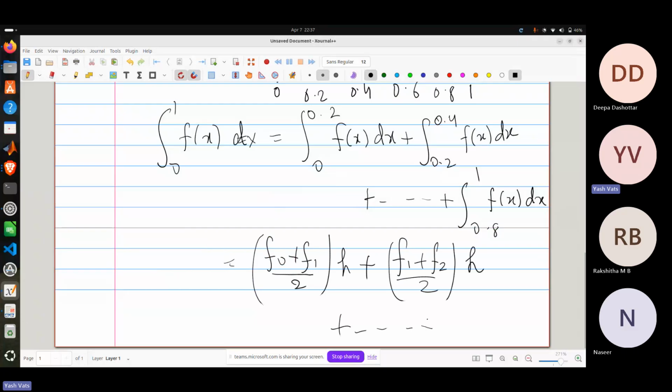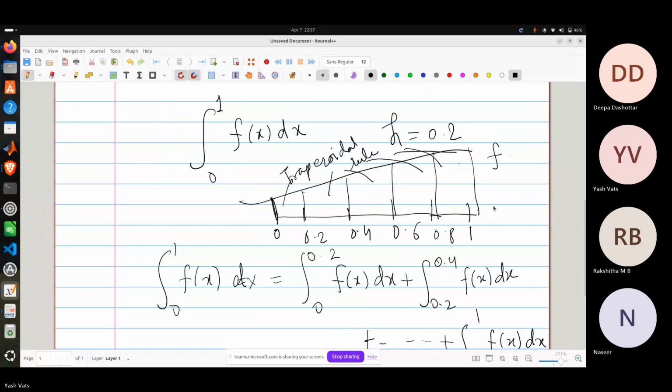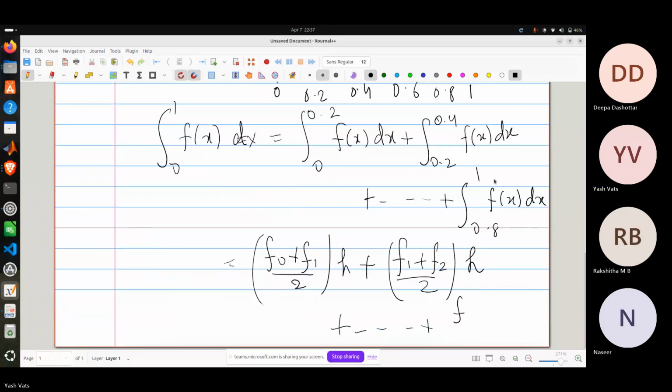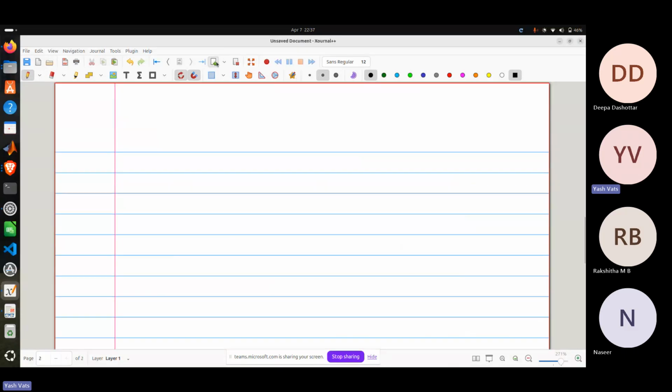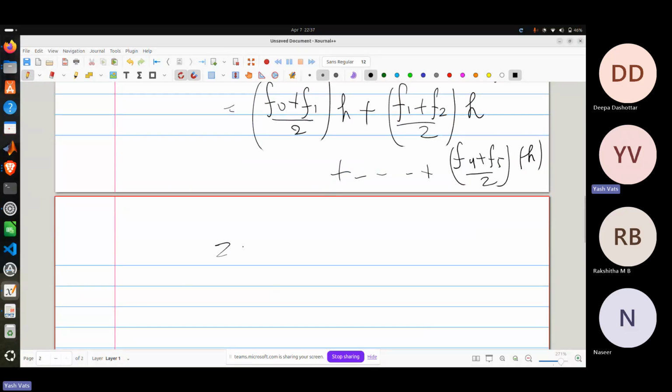And similarly, how many points are you having? Here it is f0, f1, f2, f3, f4, and f5. So total 6 points. So the last one will be (f4 plus f5) divided by 2 times h. Which gives you 1 by 2 and f0 plus 2f1 plus 2f2 plus 2f3 plus 2f4 plus f5, times h.